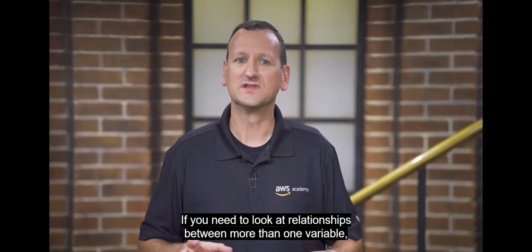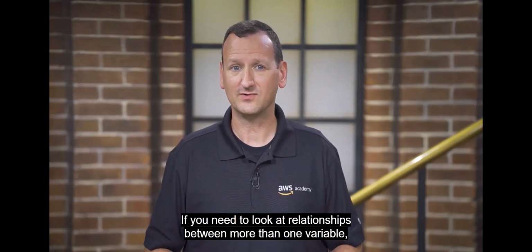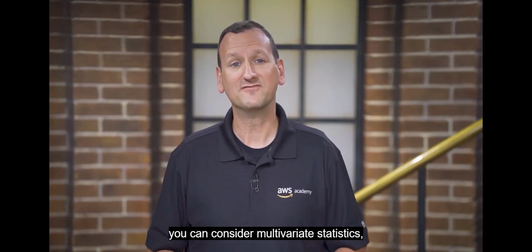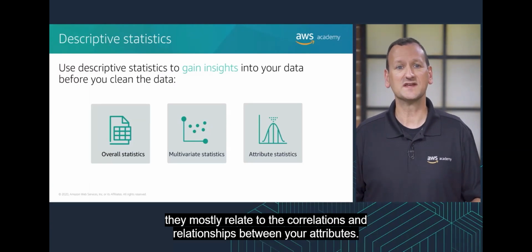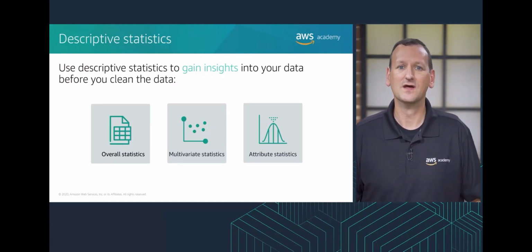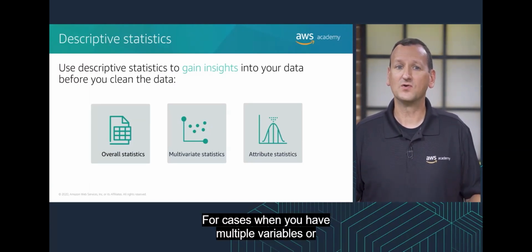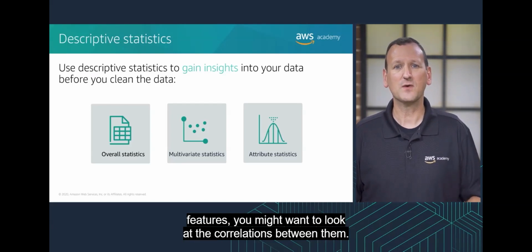If you need to look at relationships between more than one variable, you can consider multivariate statistics. They mostly relate to the correlations and relationships between your attributes. For cases when you have multiple variables or features, you might want to look at the correlations between them.